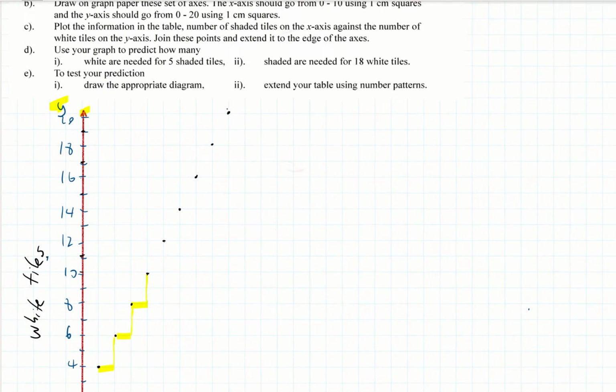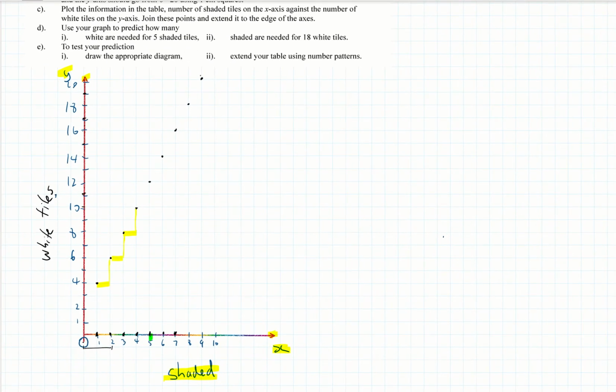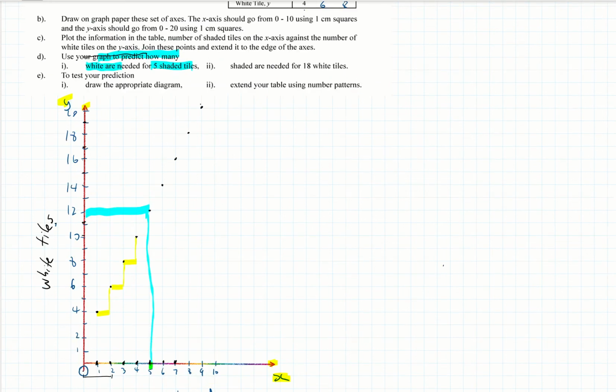And now let's answer the questions. Use your graph to predict how many white tiles are needed for 5 shaded tiles. So here's the shaded 5, and for when x equals 5, y is going to be equal to 12. And then for the other one, you use green. How many shaded tiles are needed for 18 whites?